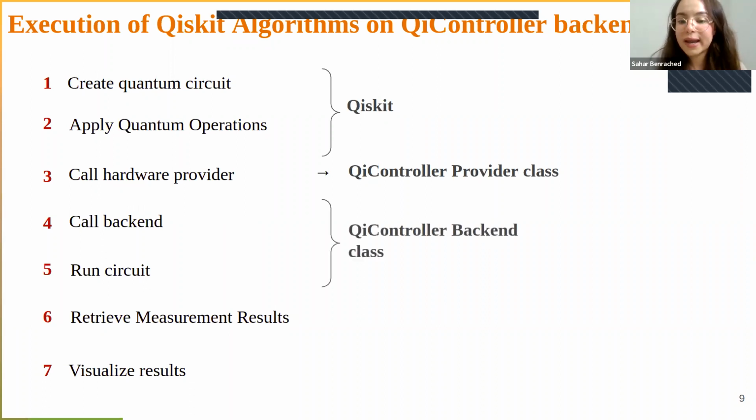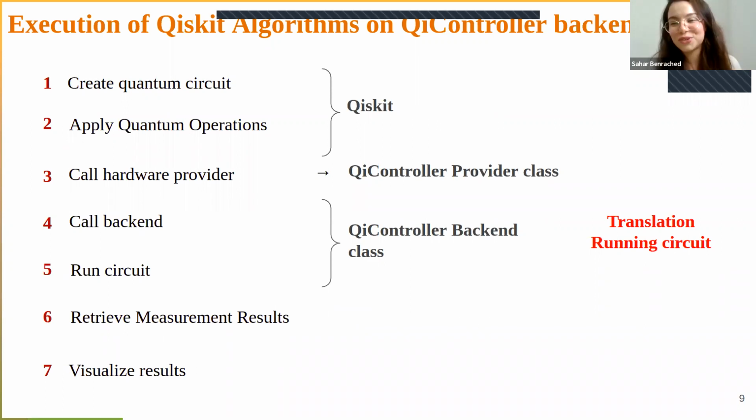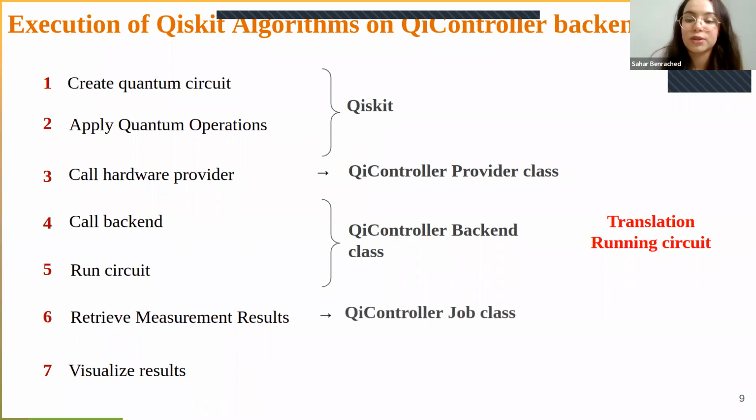And then the QiController backend class is mainly used in order to translate the Qiskit instructions into instructions that are supported by the QiCode, which will then be directly submitted to the QiController and thereafter to the processor. It's also the class where we run the circuit on the specified processor.